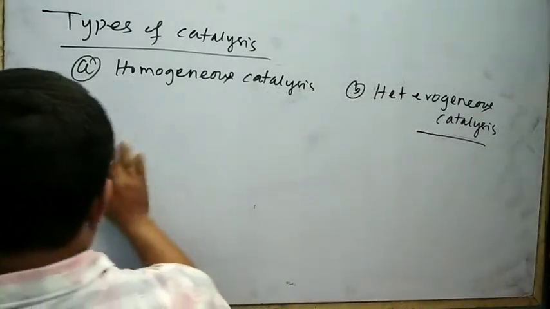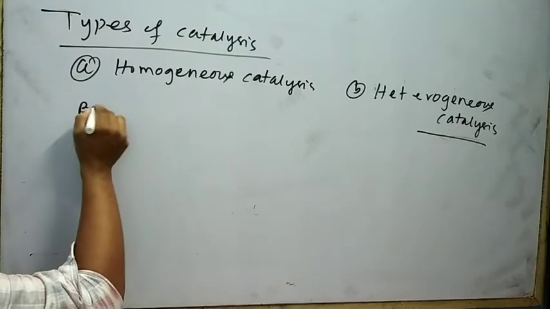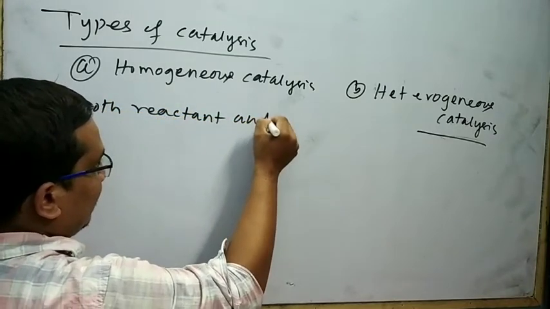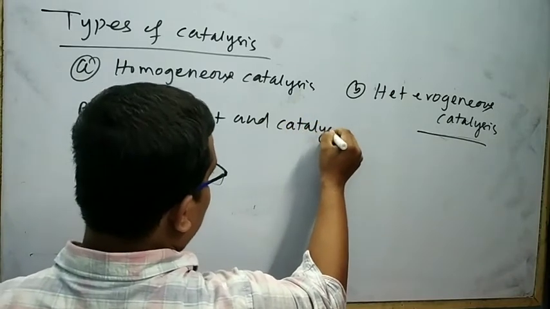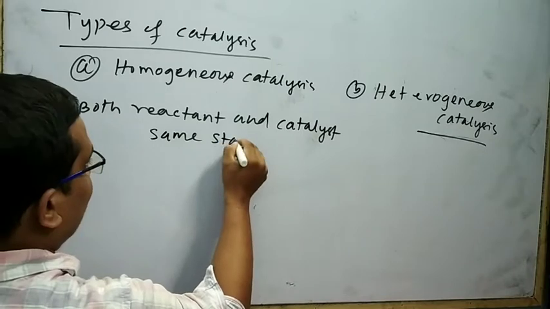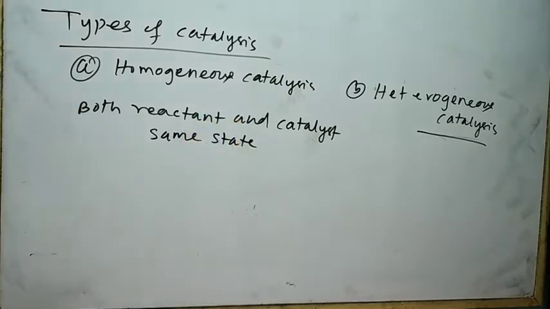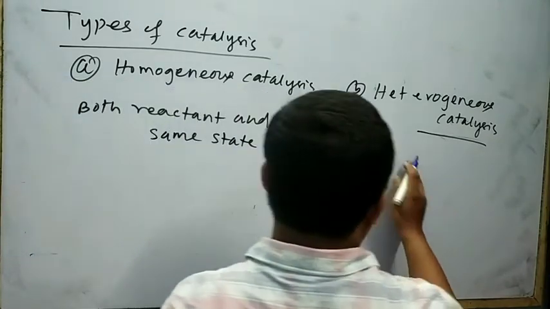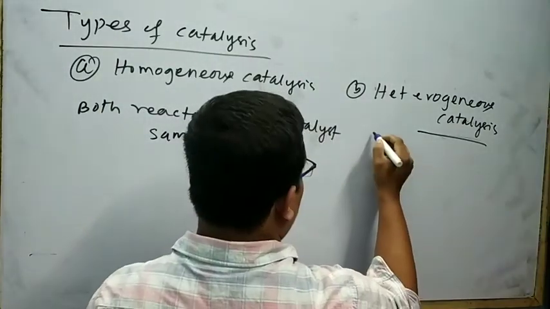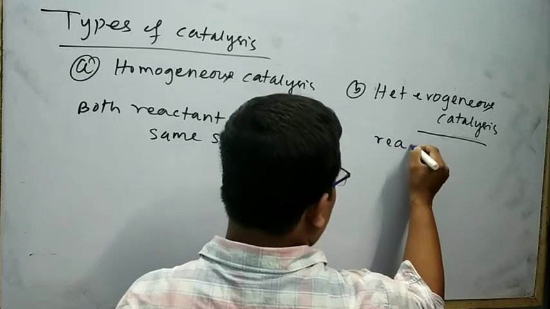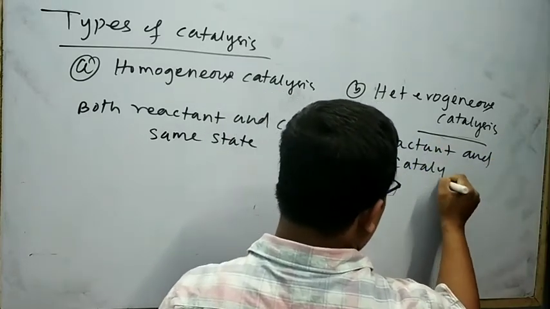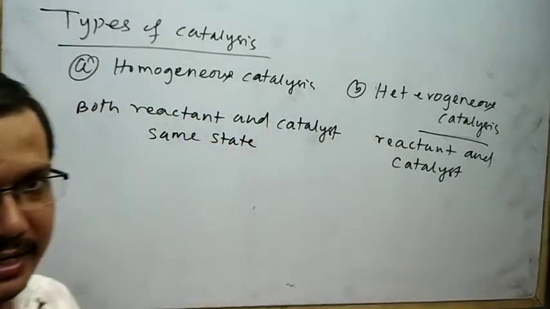The reaction in which both reactant and catalyst are present in the same state are called homogeneous catalysis. On the other hand, in case of heterogeneous catalyst, the reactant and the catalyst belong to different states.